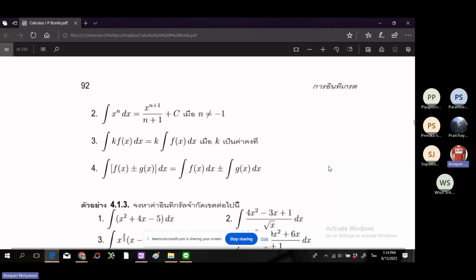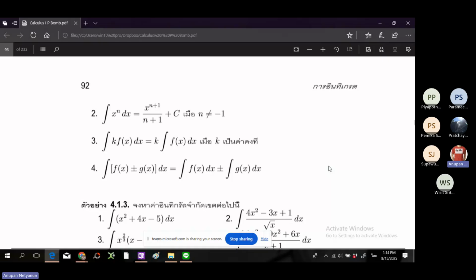The solution that you might guess is x to the power of n plus 1. The degree has to be more than the left side by 1. After you check the solution, when you take the derivative you have an extra n plus 1 up front and you don't have it here, so you want to eliminate this n plus 1.